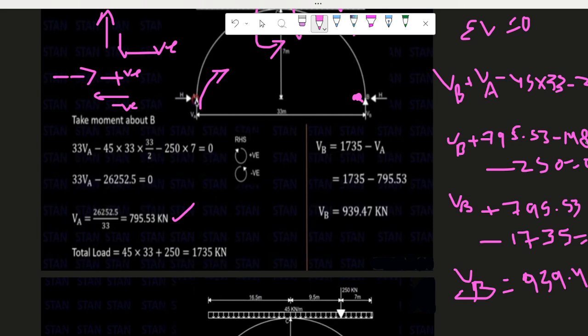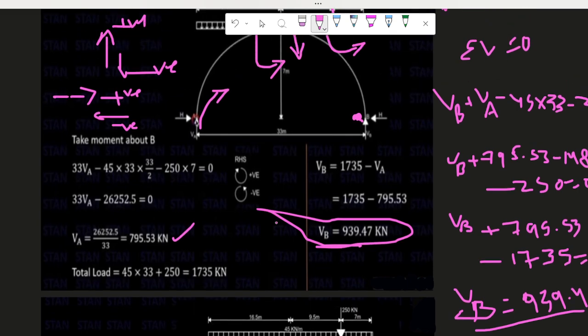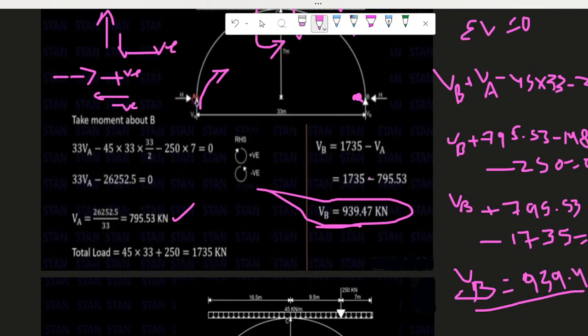Adding 1485 and 250 gives 1735, and 795.53 minus 1735 gives the VB value of 939.47 kilonewtons. So the first step, finding the reactions VA and VB, is done.